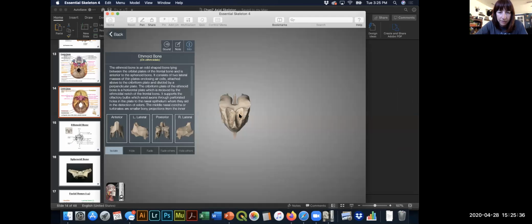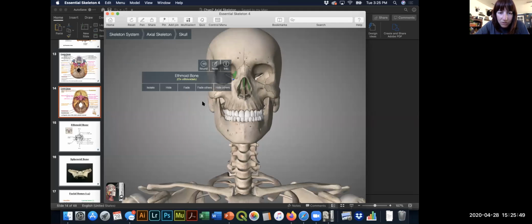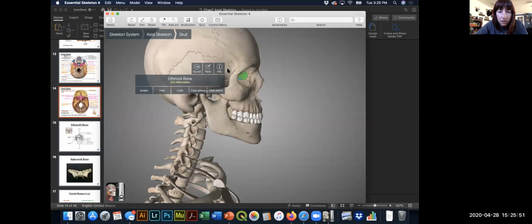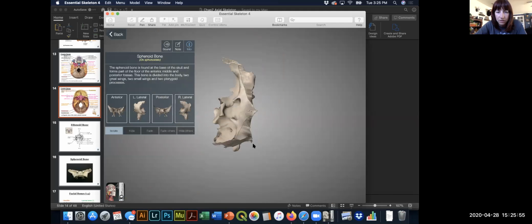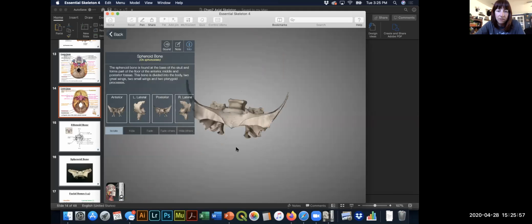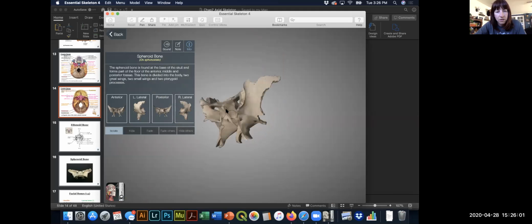So, a really weird looking bone. That's really cool that I can do that though. I'm really happy about that. So does it mean I can do that with the sphenoid too? Awesome. Check that out. Essential Skeleton, man. Even cooler than I thought it was.